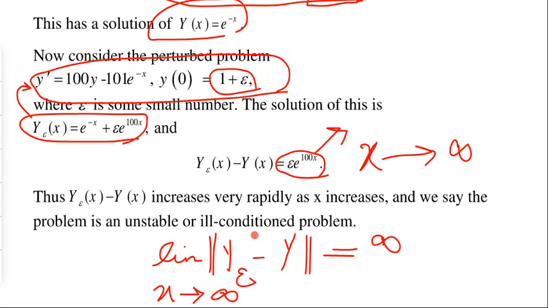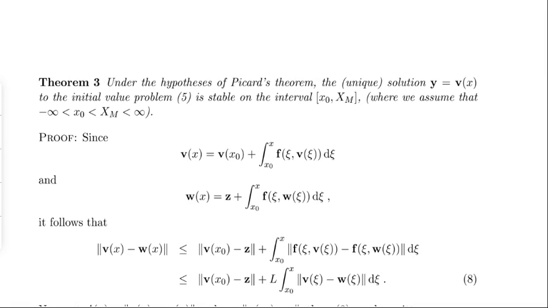Here, the limit of this norm will not go to 0. So our problem will be unstable. In other words, the problem will be an ill-conditioned problem. This is an example of instability.